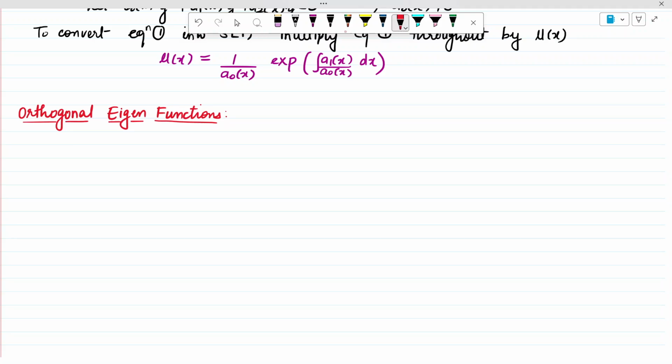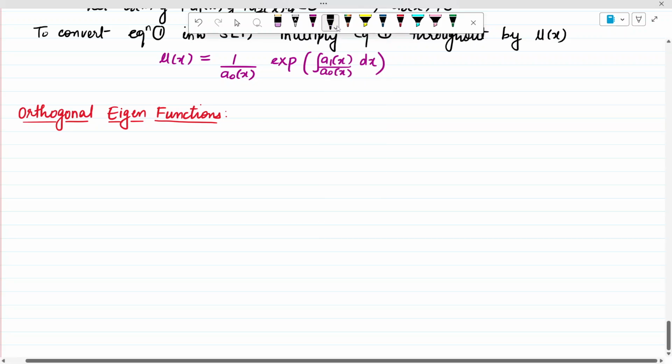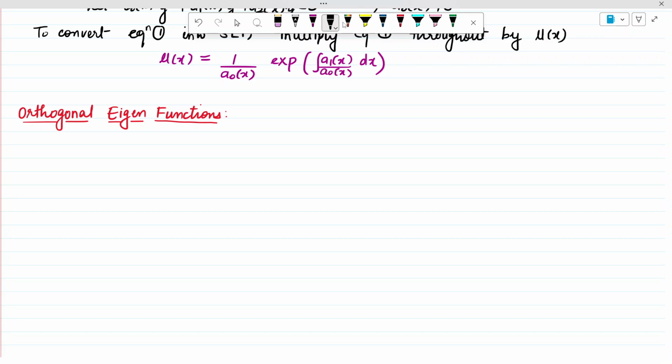Okay. So let's understand this definition first, and then we'll look at some examples of orthogonal eigenfunctions as well. And of course, you will be able to check the orthogonality over there with the help of the examples which we have done as well. Okay.